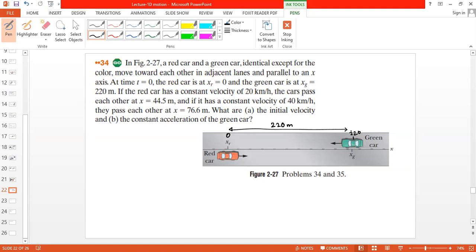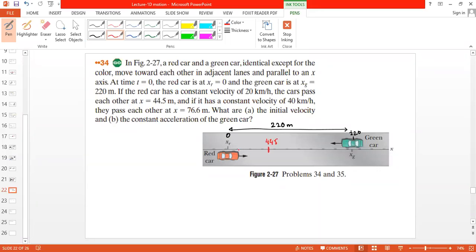If the red car is traveling at a constant velocity of 20 kilometers per hour, the cars pass each other at x equal to 44.5 meters. Let's say this is the 44.5 meter line.